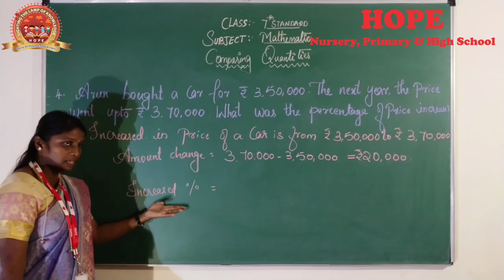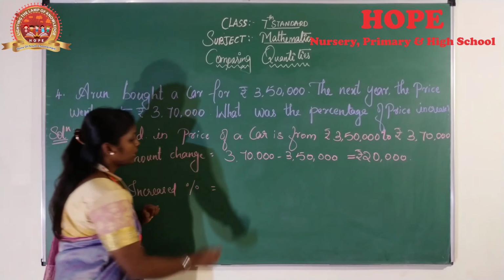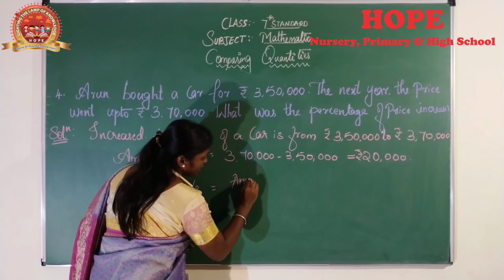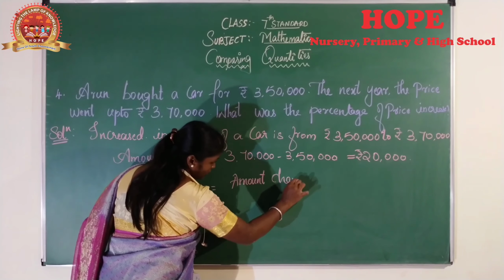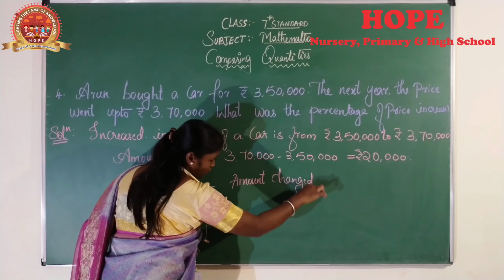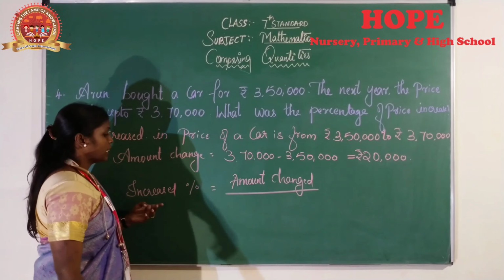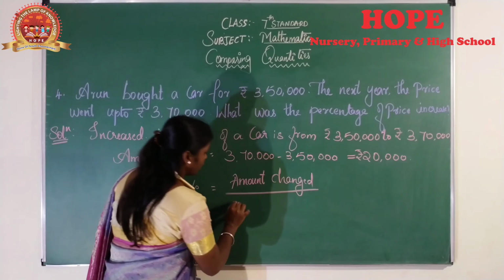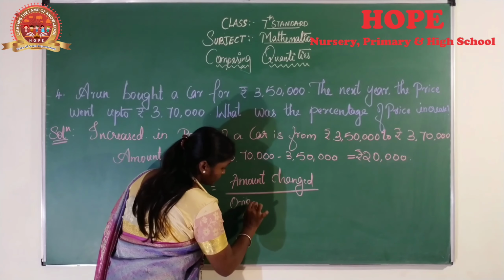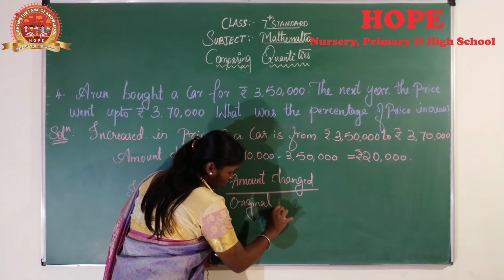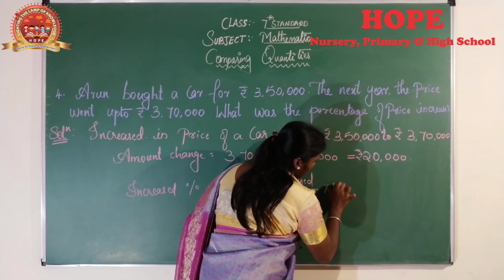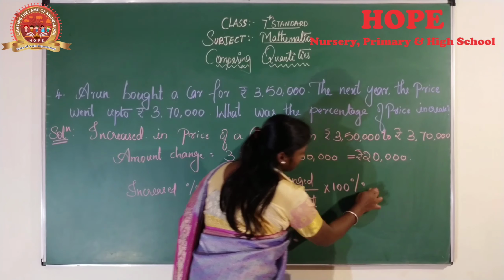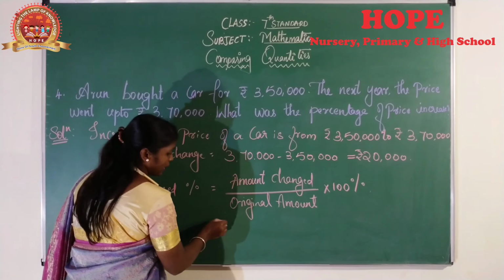To find the increased percentage, we need to take the amount change divided by the original amount, into 100%. That's how we need to calculate it.